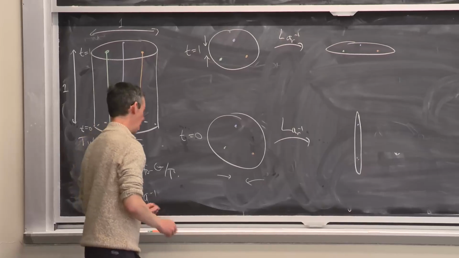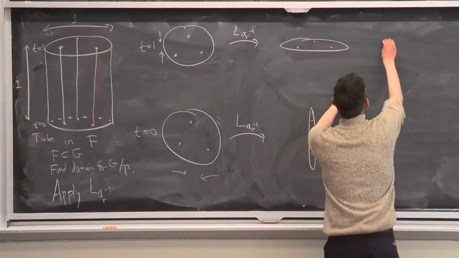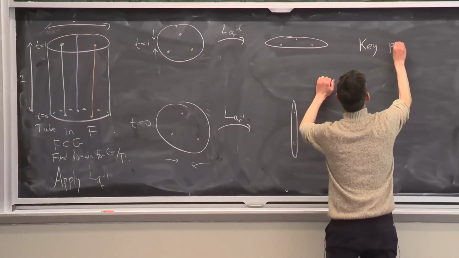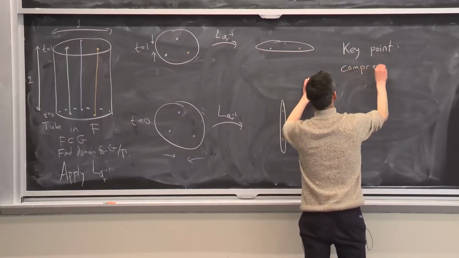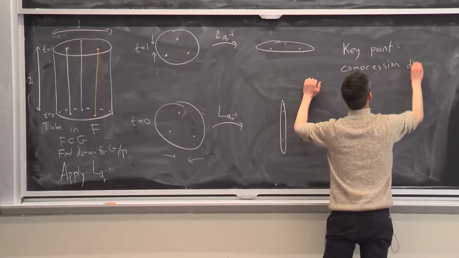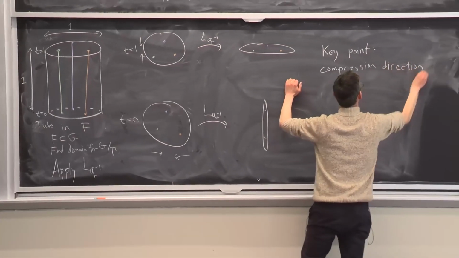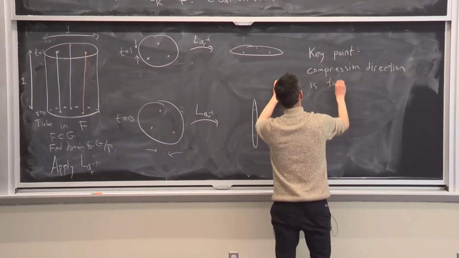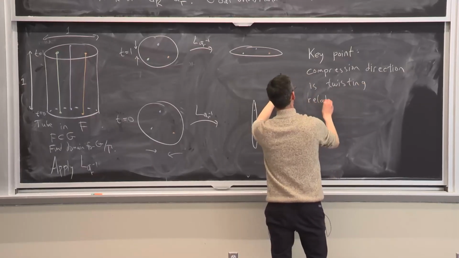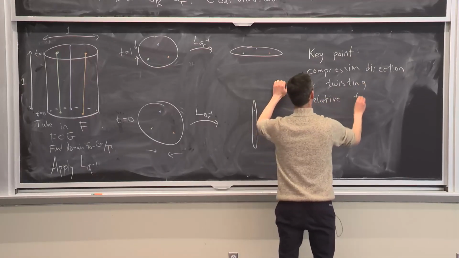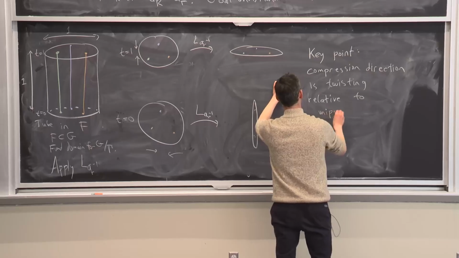Cool. And what is important here, key point, is that the compression direction is twisting relative to the unipotent orbits.